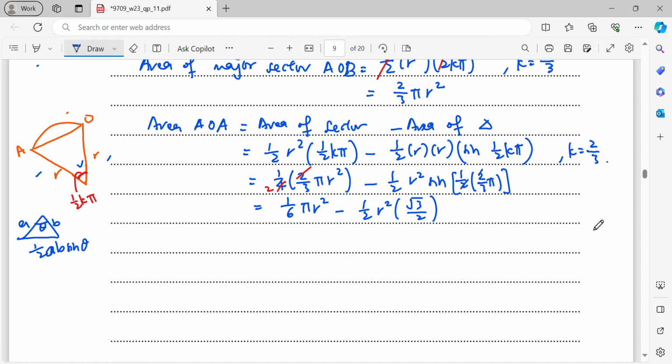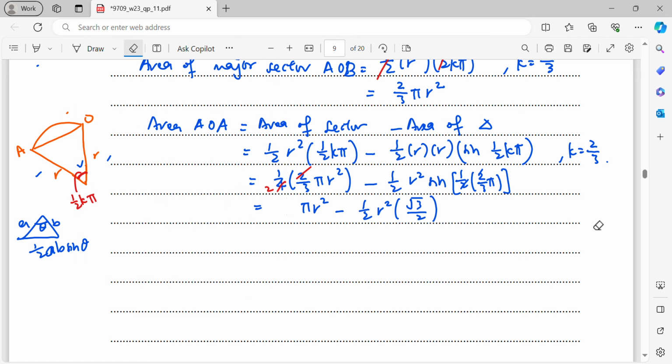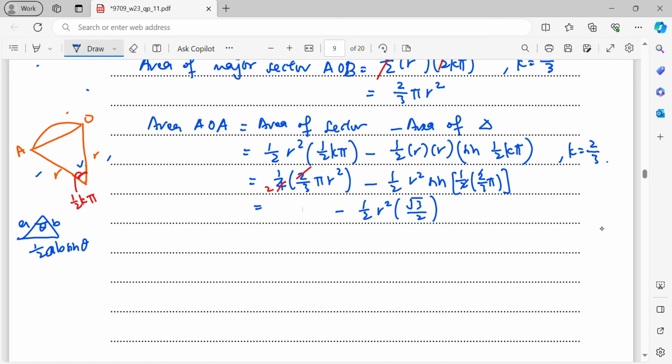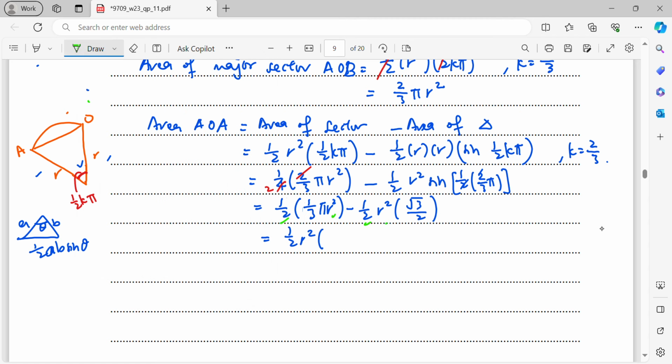If I don't want to expand this, from here I will just take out half, because I have half on the second term, so that will be easier. I will remain with half, then 1 over 3 pi r squared. Then I will factorize half r squared, and I get 1 over 3 pi minus root 3 over 2.